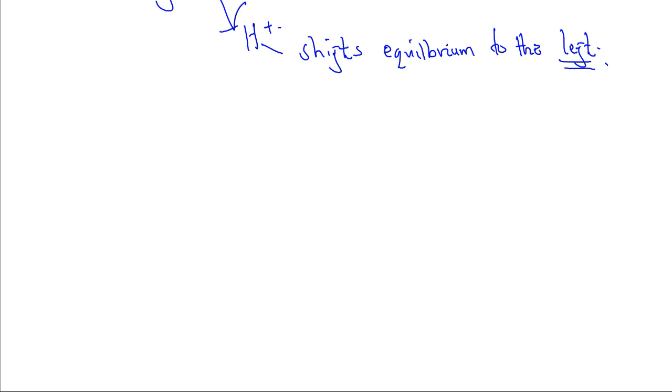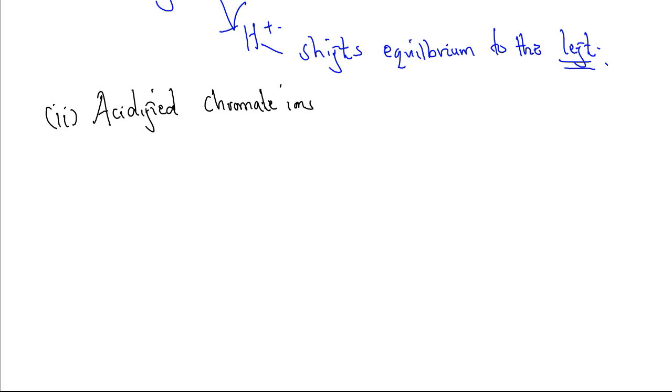Let's look at the second scenario. Acidified chromate ions exist in equilibrium.